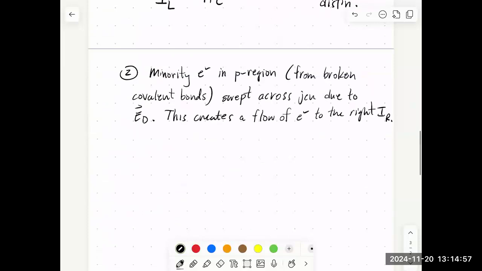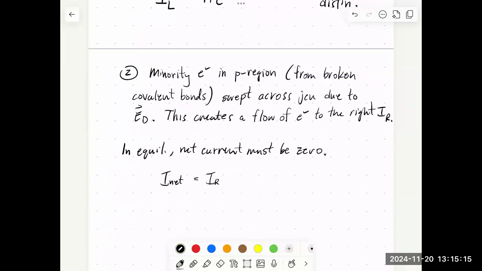Okay, so in equilibrium, the net current must be 0. And so I net is I right plus I left, which is equal to 0, which of course implies that I right is equal to minus I left, which is equal to minus A e to the minus eVD over kBT.